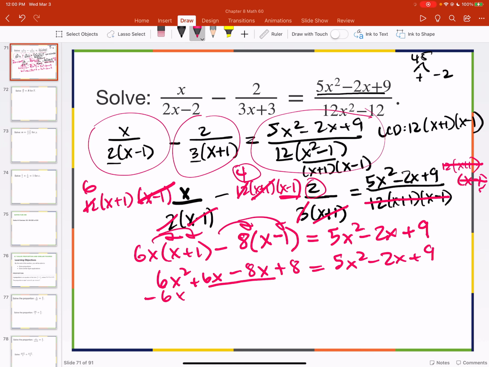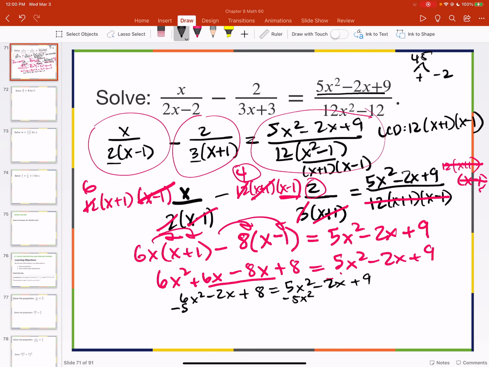Maybe we should go the other way so we can avoid the negative possibly. So we have here 6x squared minus 2x plus 8 is equal to 5x squared minus 2x plus 9. Oh, I see. This is going to cancel some stuff out.